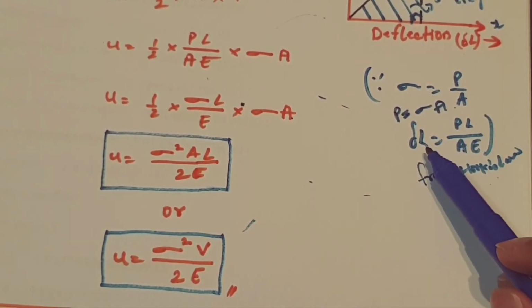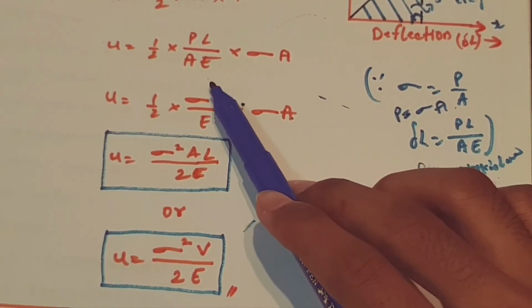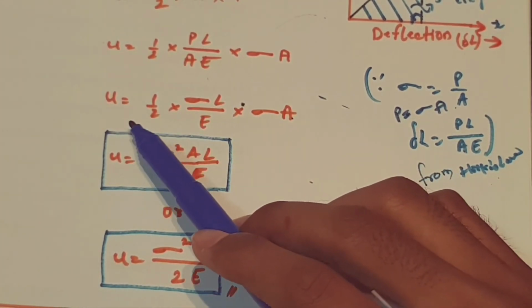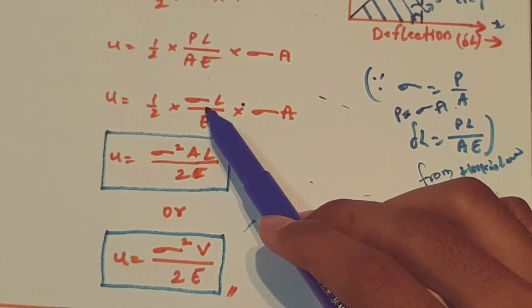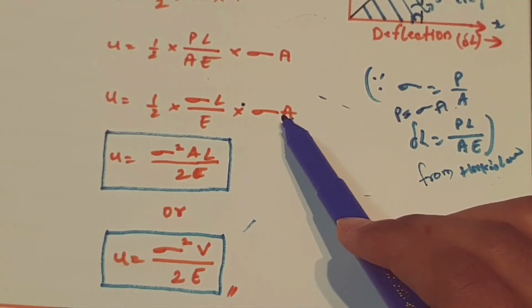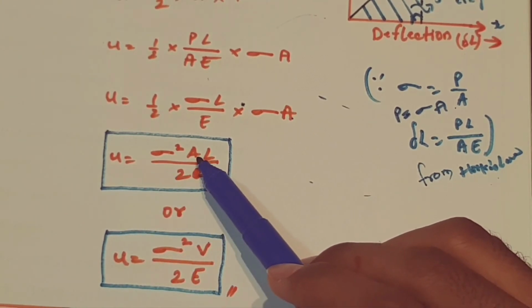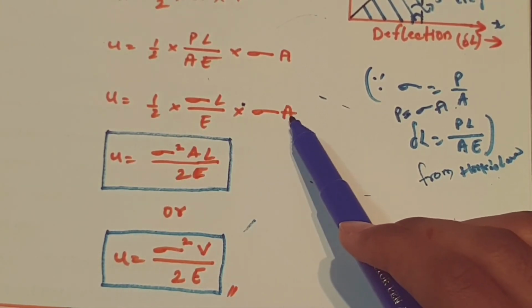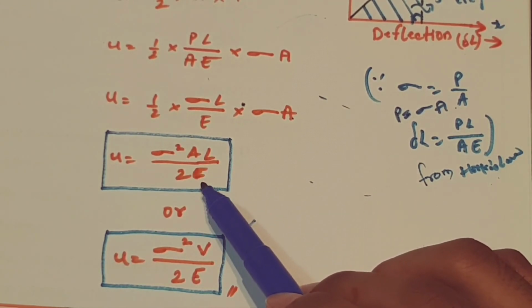From Hooke's law, delta L is equal to PL by AE. This is how we get PL by AE. After that, in the next step, P by A is equal to sigma, so delta L is sigma L by E. Finally we get strain energy is equal to sigma square A into L by 2E.